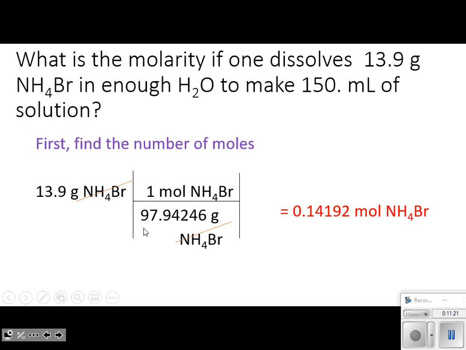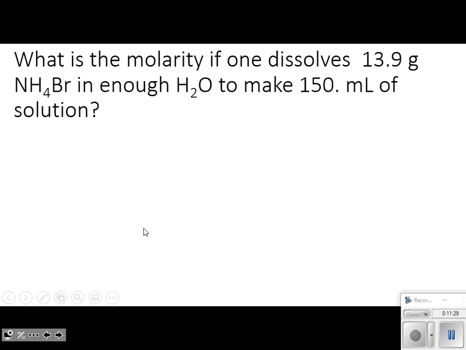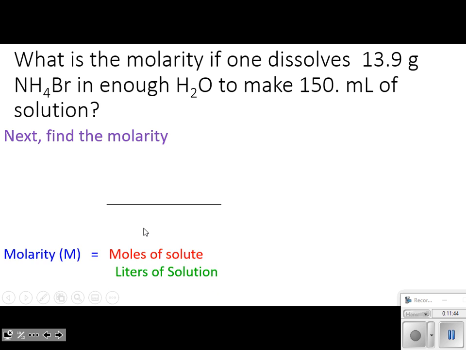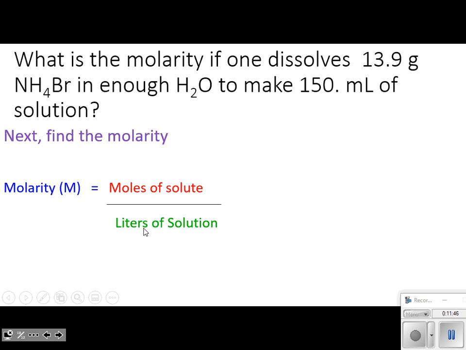Okay, Aiden, what's my next step then? I convert milliliters to liters. Yeah, we said that. What else then? Next, after I've done that, I need to find the molarity. So I'm going to use the equation what, Stephen? Moles of solute over liters of solution.